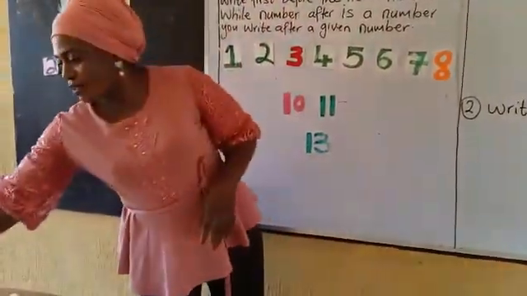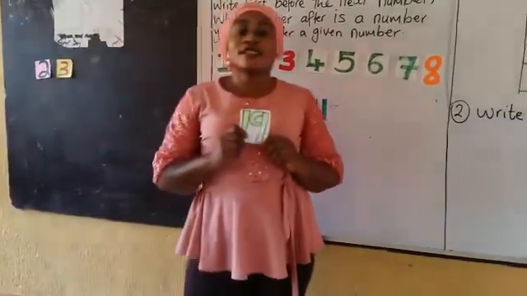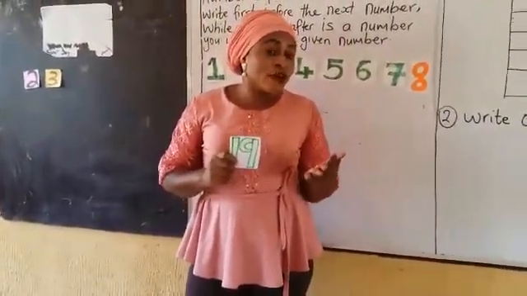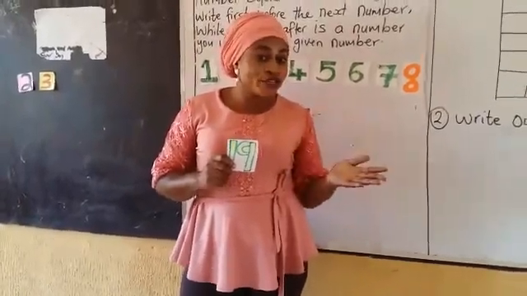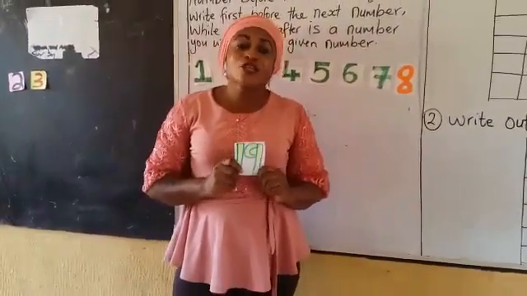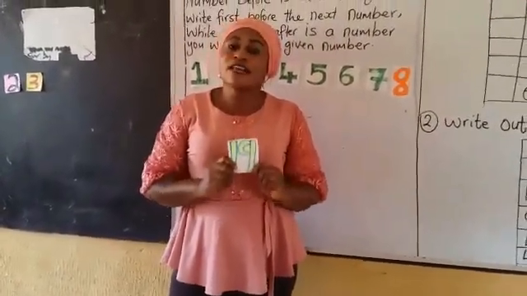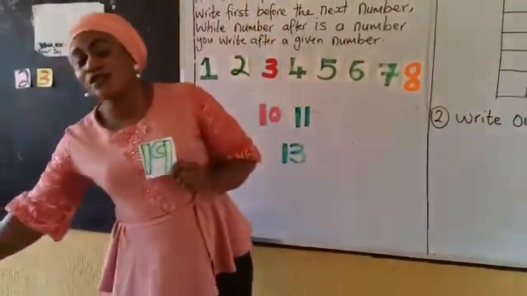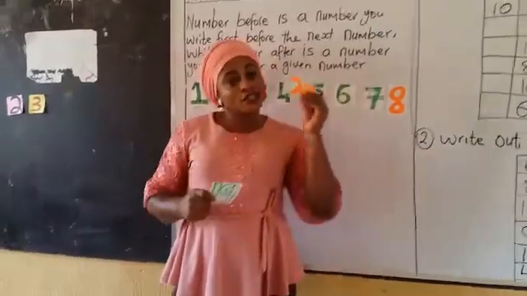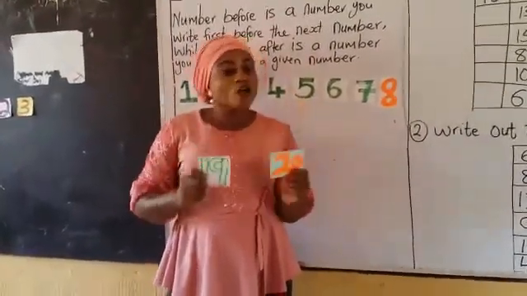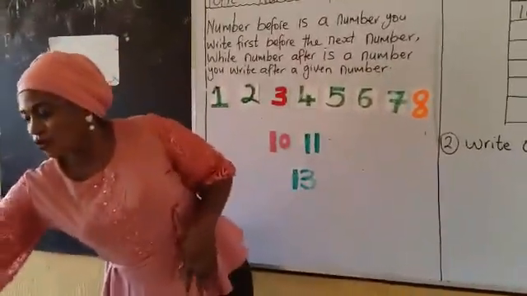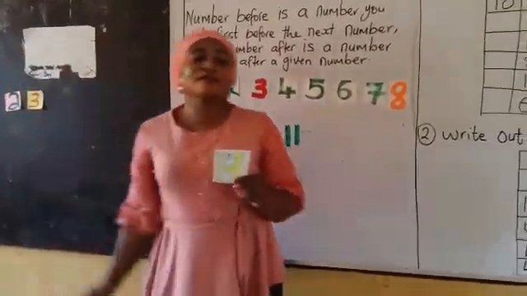Now I'm giving you another number, which is 19. I know you all have counted numbers 1 to 100. So which number comes after 19? 20. So 20 comes after 19. Now we have another number, which is 17.